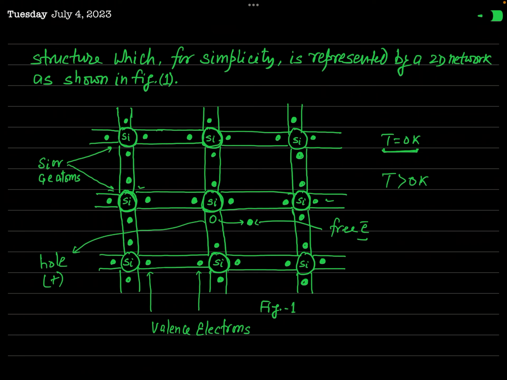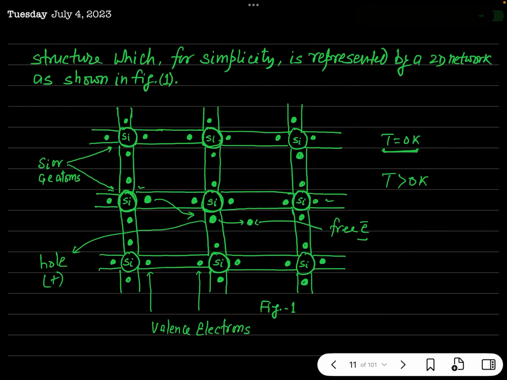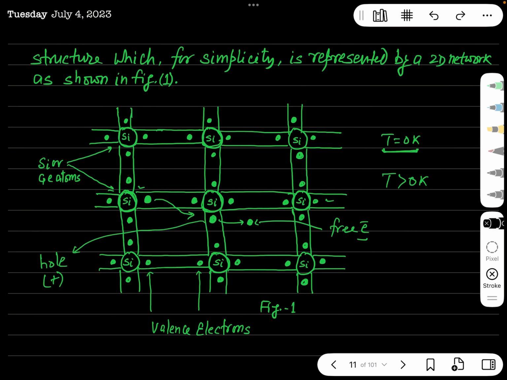Now, another phenomenon also takes place. Let us consider this is an electron which is in the neighborhood of this covalent bond. This electron then detaches from its parent atom and forms a bond here. So the electron which is detached from here, now a hole will be created at this place, and again this electron comes to the vacant place, and again a bond is formed here.